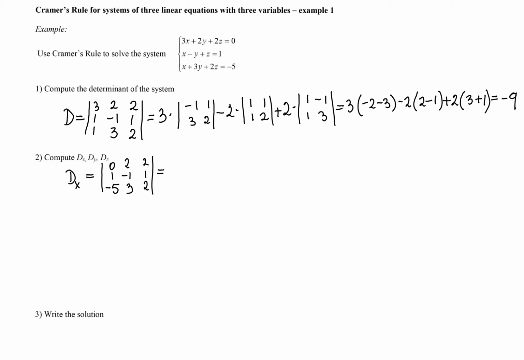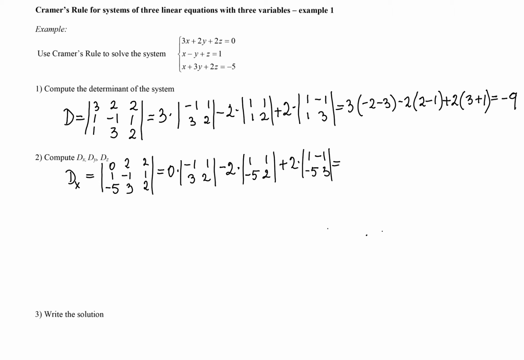And we'll compute this determinant. Again, we'll use the first row. So it's 0 times the determinant consisting of the numbers -1, 1, and 3, 2. Then we'll subtract the second entry in that row, which is 2, and we'll use the determinant 1, 1, -5, 2. And then we'll add the product of the third entry in the first row times the determinant obtained by crossing out the first row and the third column, which will be 1, -5, and 3.